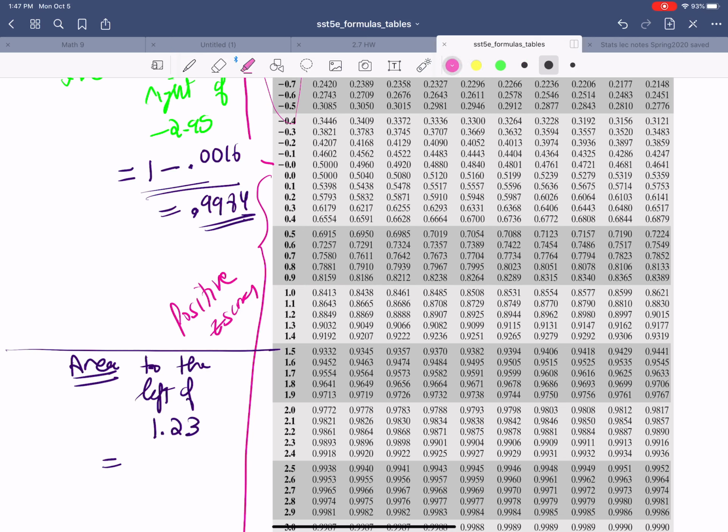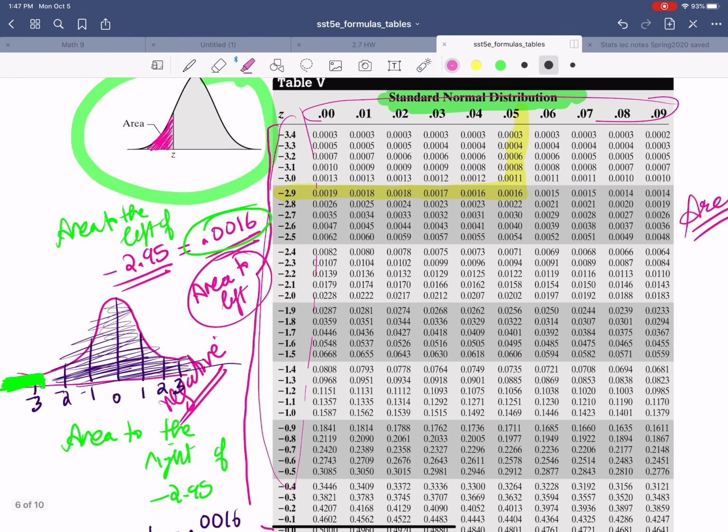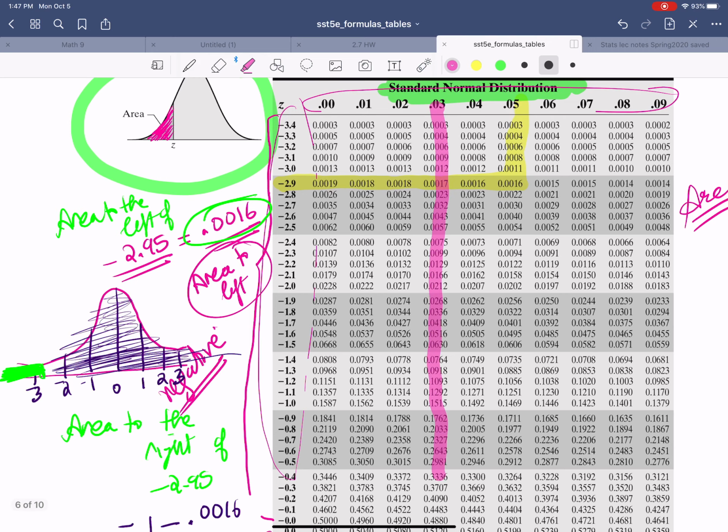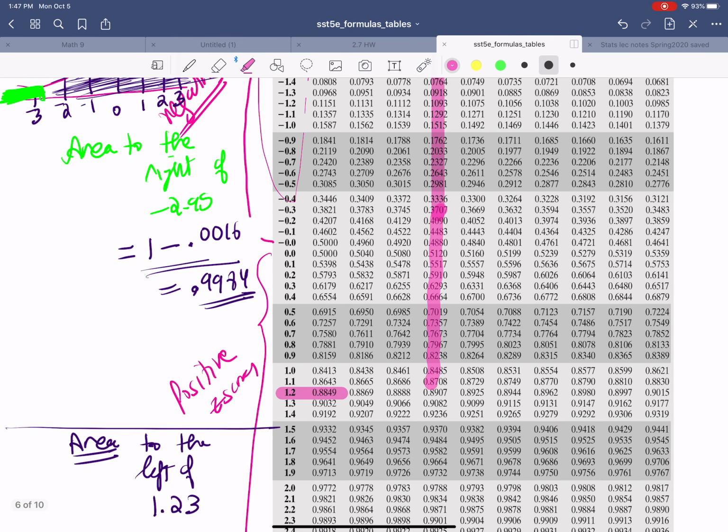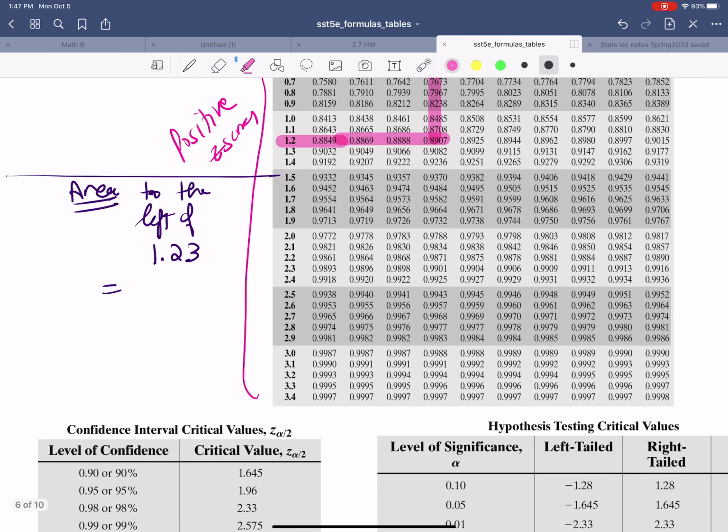So let me grab a pink highlighter now. I'm going to look for 1.2 here, and then I want to also find 0.03 all the way from the top, and wherever those two meet, that's the area. Looks like 0.8907. So this is how much area I have to the left, 0.8907 to the left of 1.23.